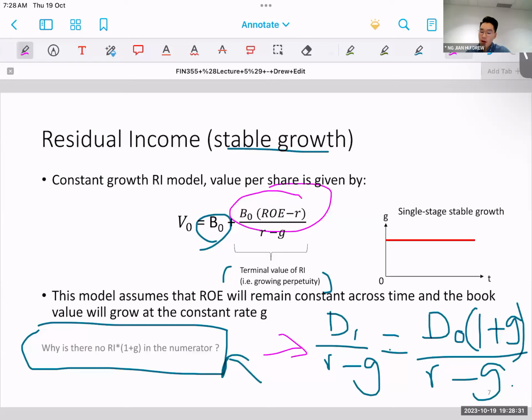But if you flip back to your FCFF or FCFE, you notice that we did have to make sure that it is the so-called FCFE one.